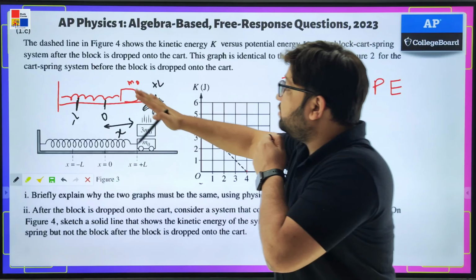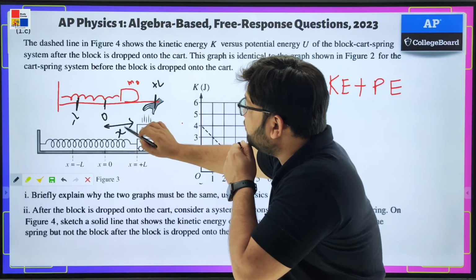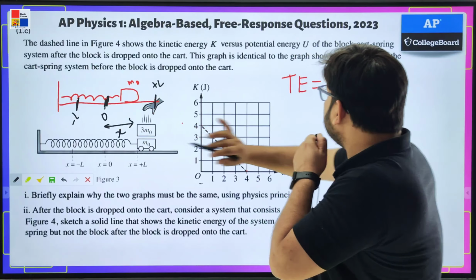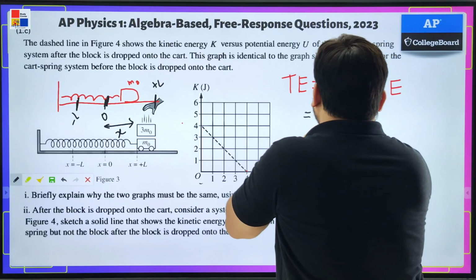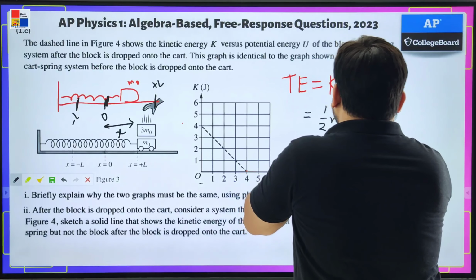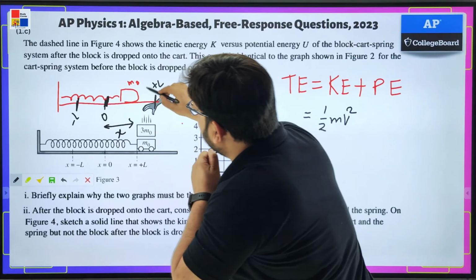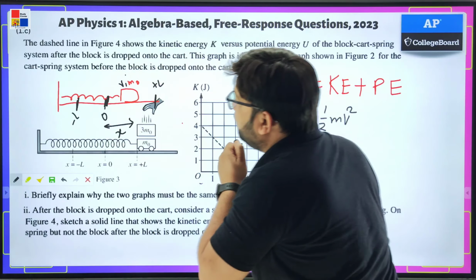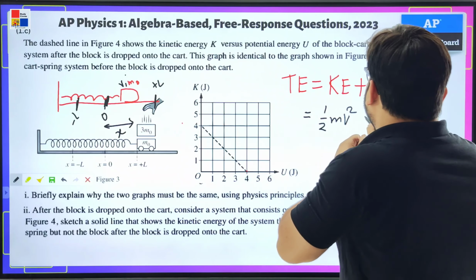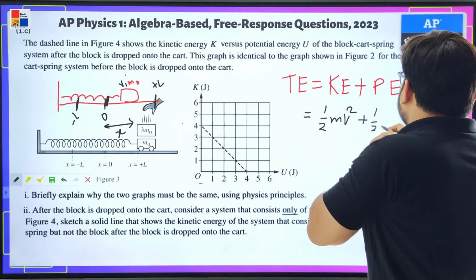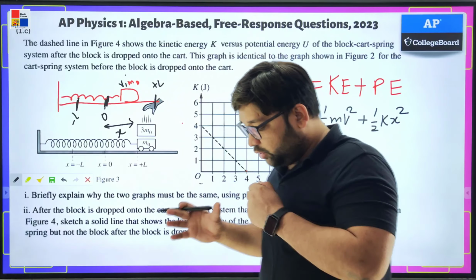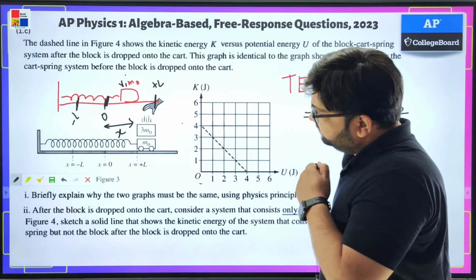What is the energy of the system when this is at a random position X from the mean, this 0 here? Energy in that case will be given by the kinetic energy, half mv square, if the velocity at this time is v, plus half kx square, which is the potential energy stored in the spring at that particular moment.